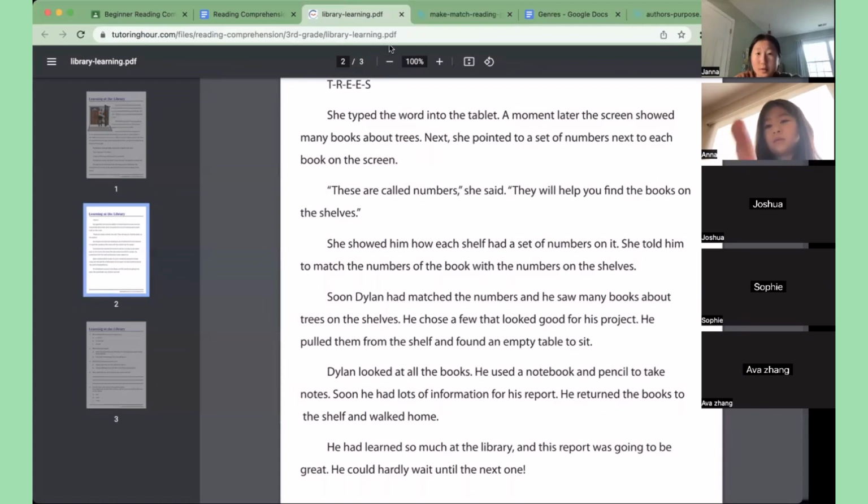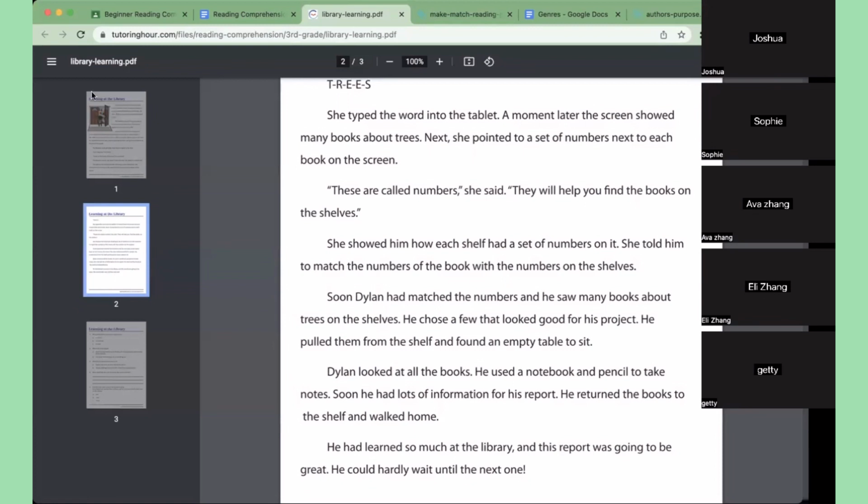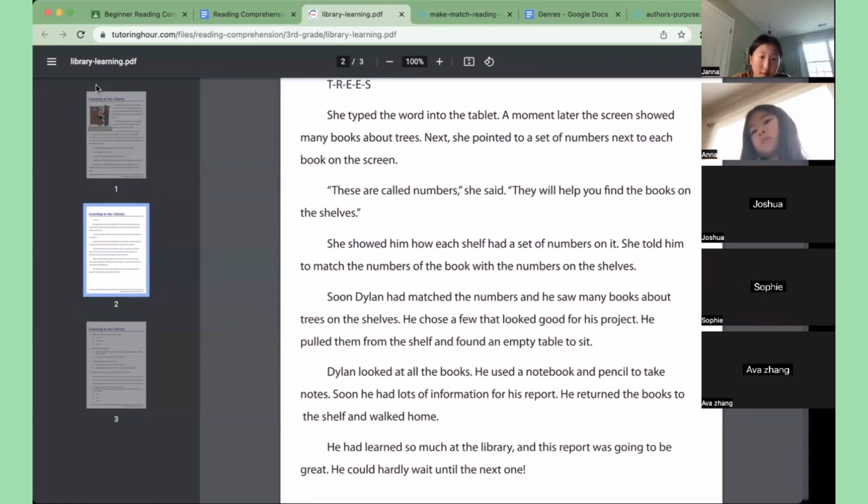Okay, so can everyone who's done just direct message me in the chat so I can tell, because I don't know who's done right now and who's still reading.